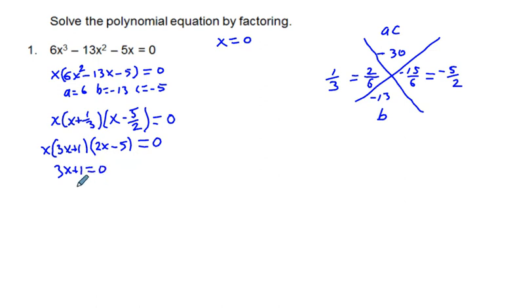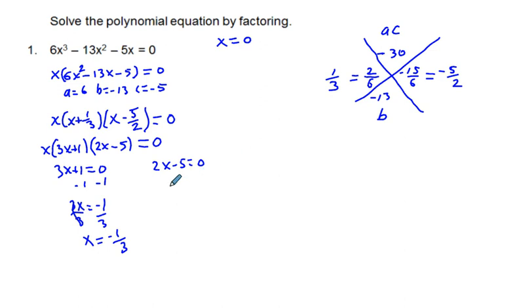And if we solve this, we subtract 1 and divide by 3, we have x is equal to negative 1/3. And then over here, we have 2x minus 5 is equal to 0.